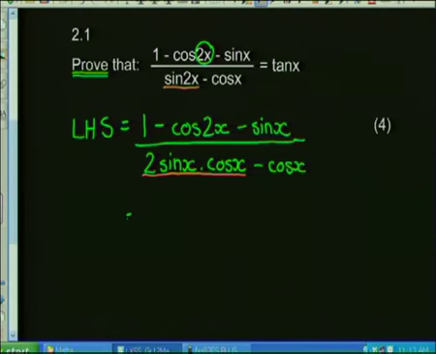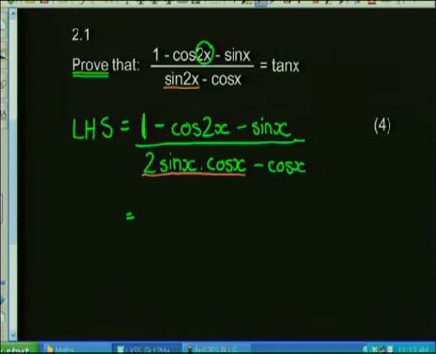Now, looking at my numerator, I will also bear in mind that this little 1 over here, I know that I can change it and substitute sine squared plus cos squared x in this case, because that's the angle they've given us. So we keep that in mind. I'm not going to do it just yet because I don't know if I want to, but we keep it in the back of our mind in case we need to use it.